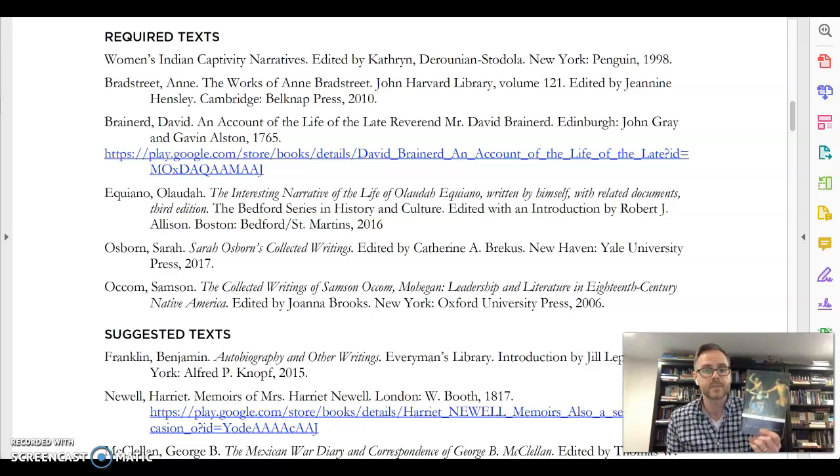The particular captivity of Mary Rowlandson took place during King Philip's War, which was the greatest, most devastating war that took place in the 17th century in the colonial period in the British colonies.